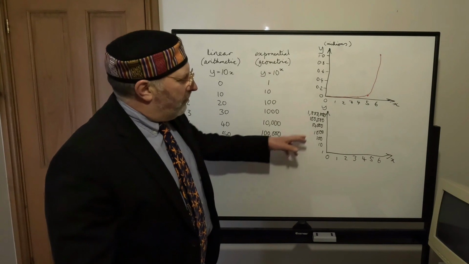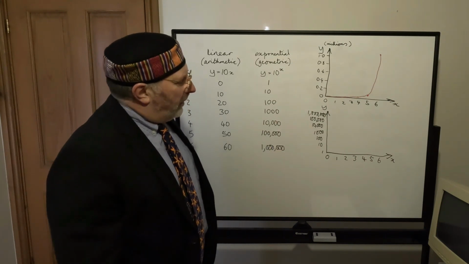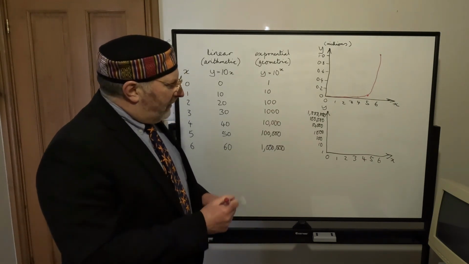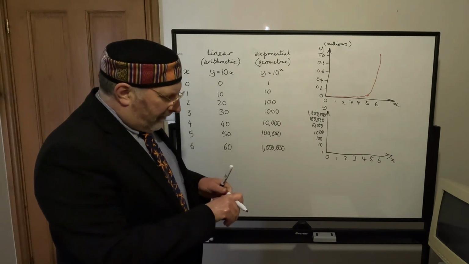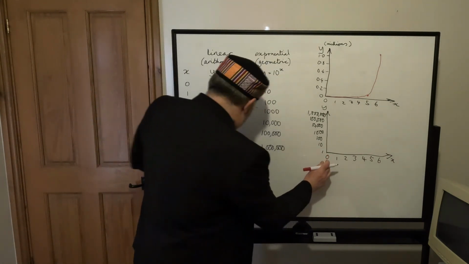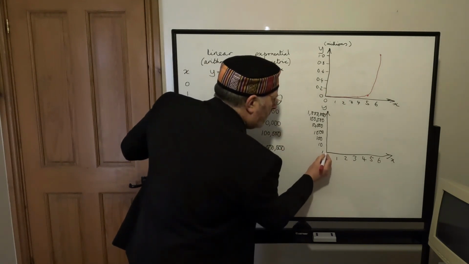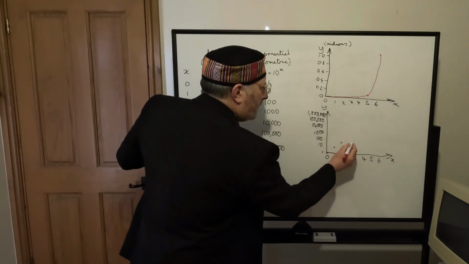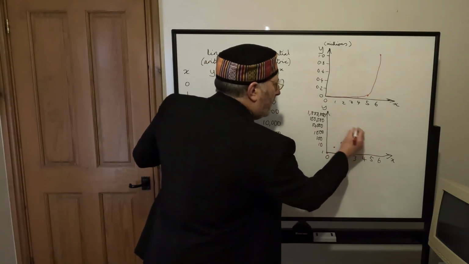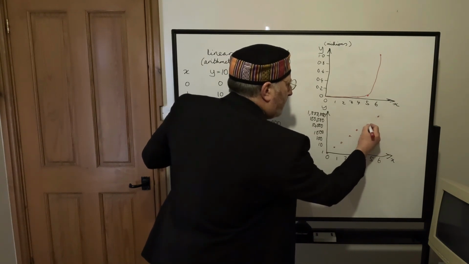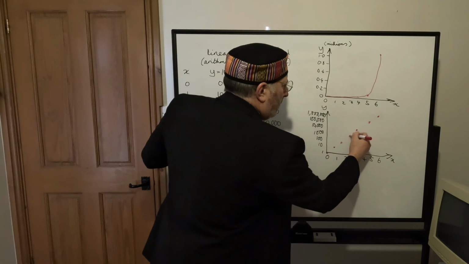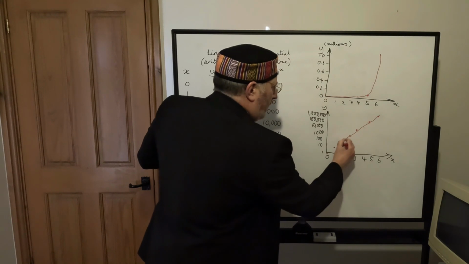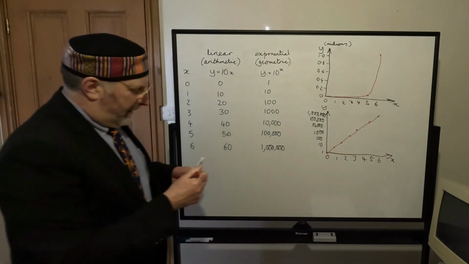We'll see in a moment the reason why it might be called a logarithmic scale. But so this is a logarithmic axis, and now if we plot our points, at 0 it's 1, at 1 it's 10, at 2 it's 100, and you can see it's going to go up. Yeah, 5, 6. So it's, in other words, just a straight line.